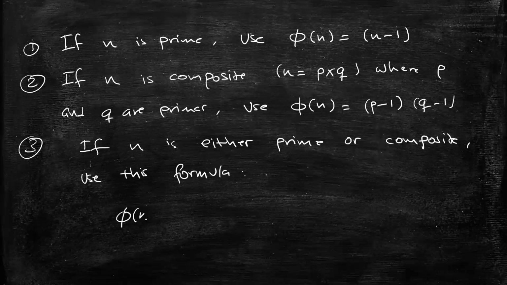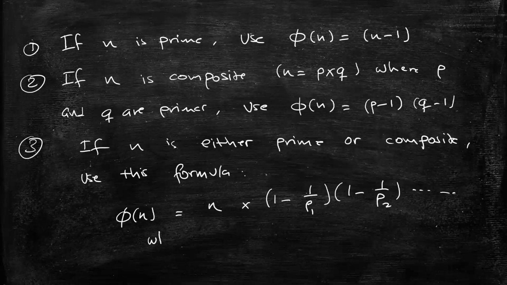It states that the totient function phi of n of any given number is expressed as n times 1 minus 1 over p sub 1 times 1 minus 1 over p sub 2. And then we continue doing this where p sub 1, p sub 2, etc. are considered distinct primes. Okay, distinct primes, or different.